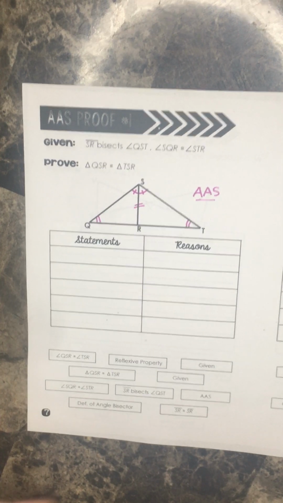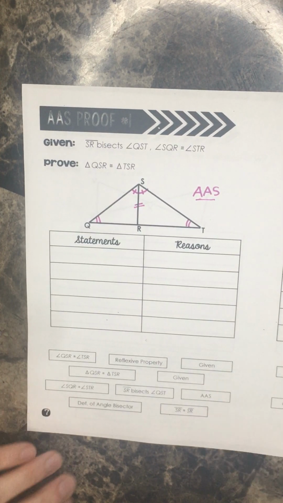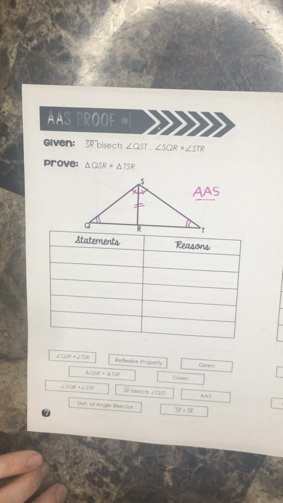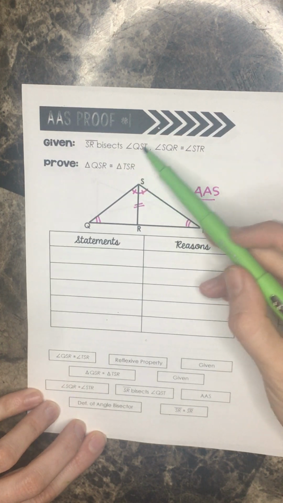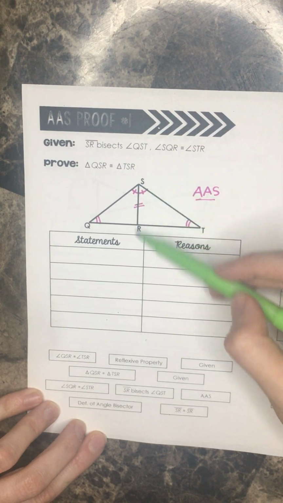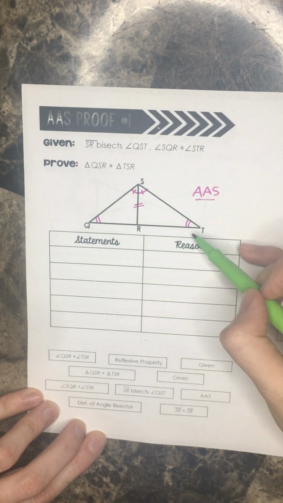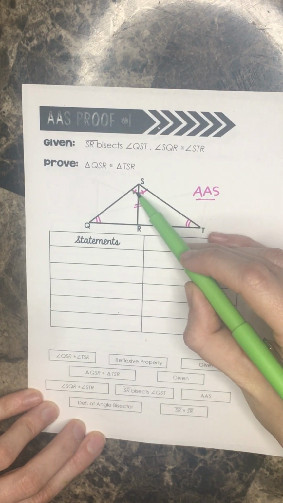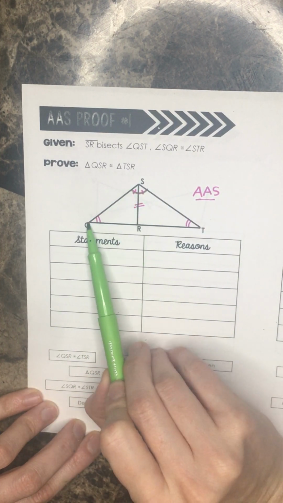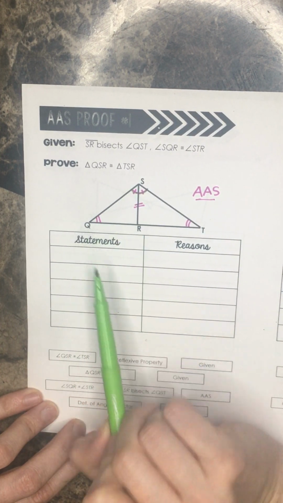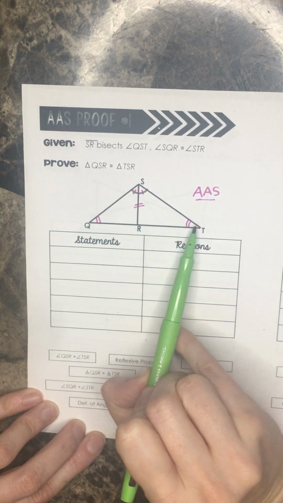Let's do the next one. SR bisects QST. So we have this angle congruent to this angle. We are also given angle SQR congruent to STR.